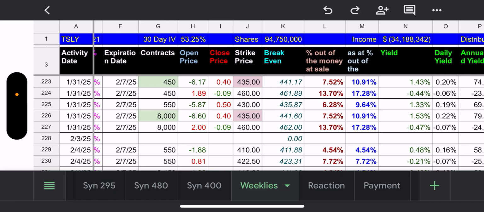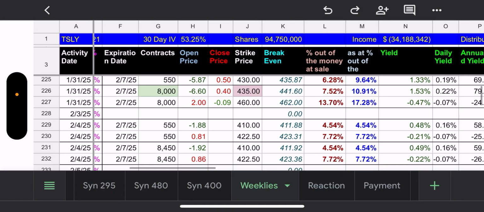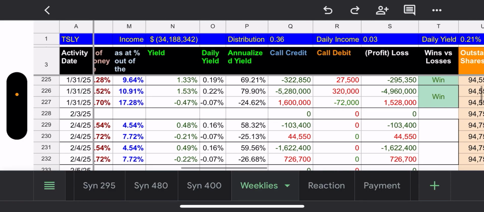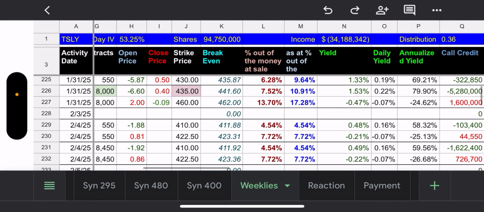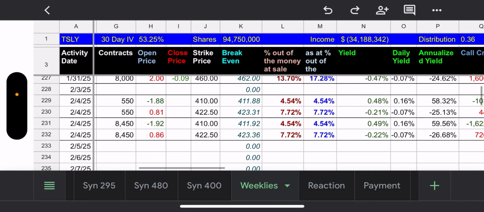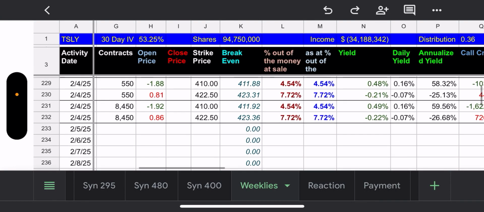And here's the 550. This was the loner, the one without the call credit spread. Oh, good job. And they won. They always win those. They took 550 contracts there and then 8,450 there, and they put it down here. And guess what they did with the 550? They attached the little call credit spread.